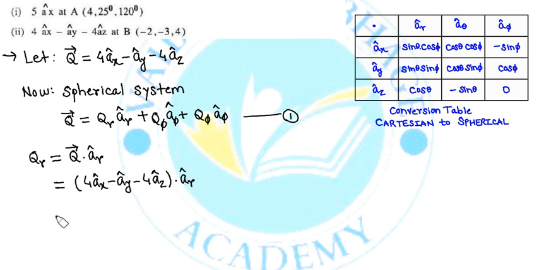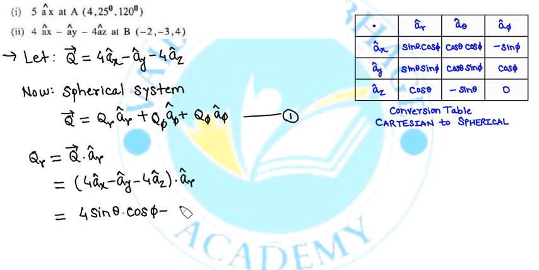Okay, fine. Now what is the dot product between ax and ar? You can use this reference table over here. The dot product between ax and ar is equal to sin theta cos phi.